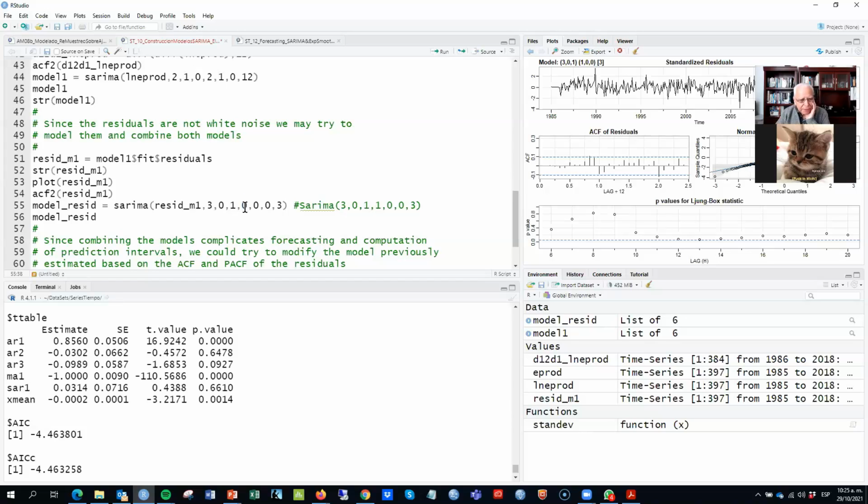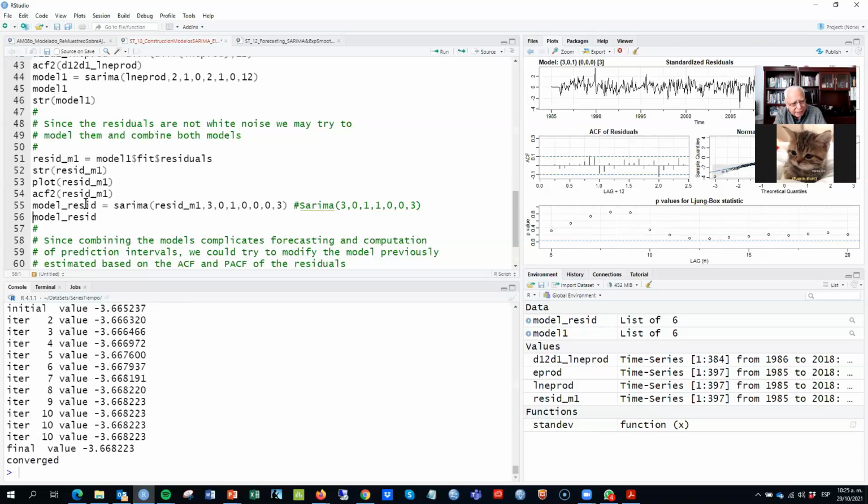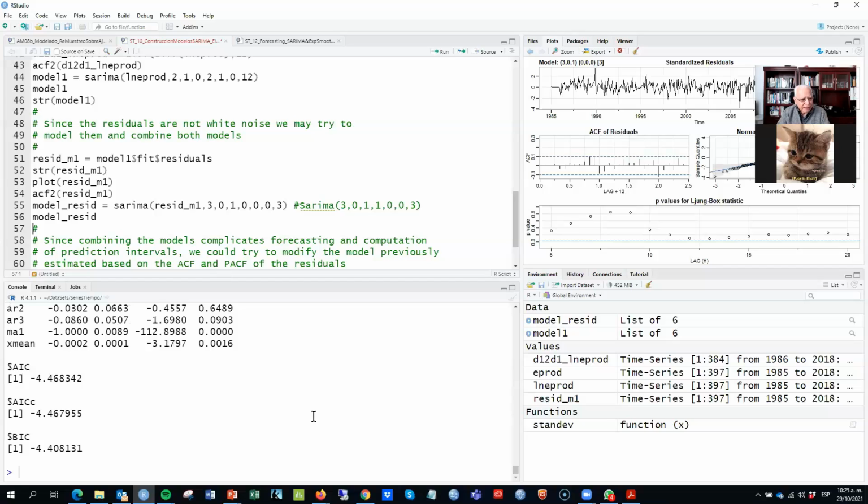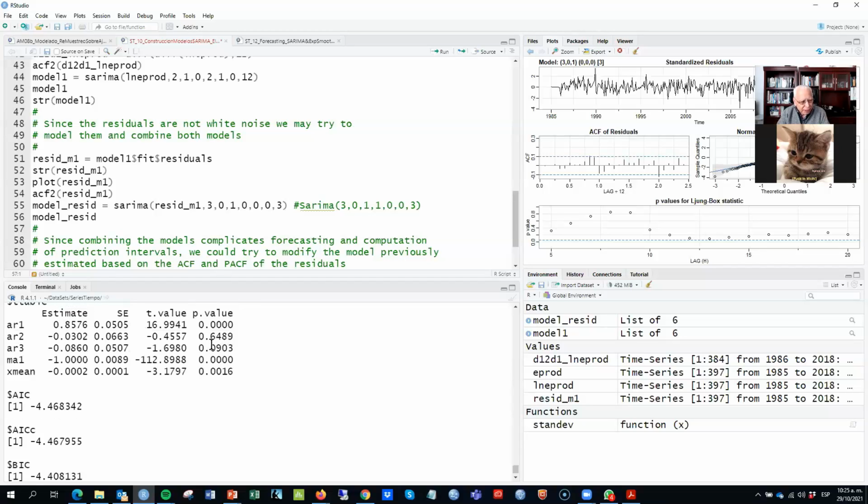I can leave the seasonality 3 because I'm not fitting any difference. Now the AR2 is not significant, but the AR3 is close to significant, at 9%, and the p-values look good.